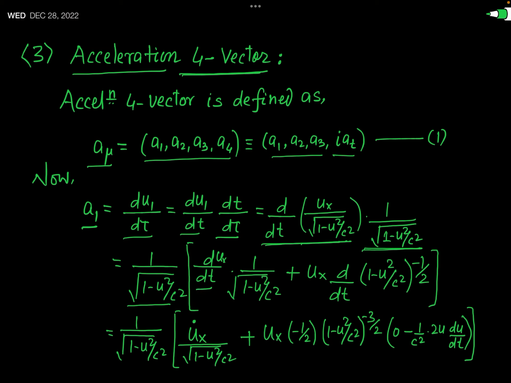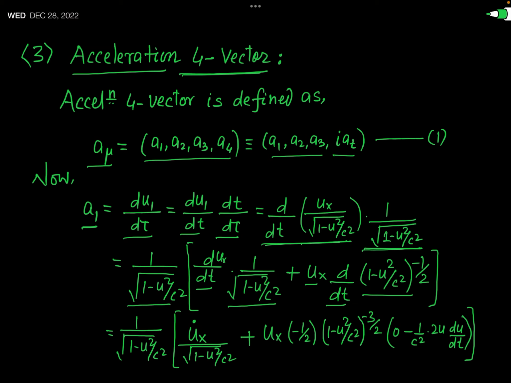So this will be dux by dt, and the second factor 1 over root over 1 minus u square by c square is kept as it is. Okay. And plus, now we will take this ux outside of the operator and we will differentiate 1 by root over 1 minus u square by c square. Okay. So this operator d by dt has been operated on 1 by root over 1 minus u square by c square, and this has been written like this: 1 minus u square by c square to the power minus half.